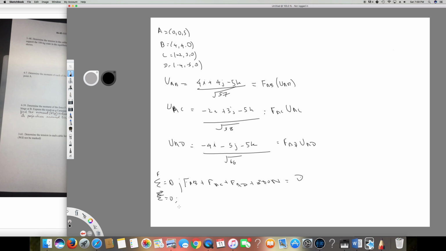In this case, I'm going to get all the I values and add them.